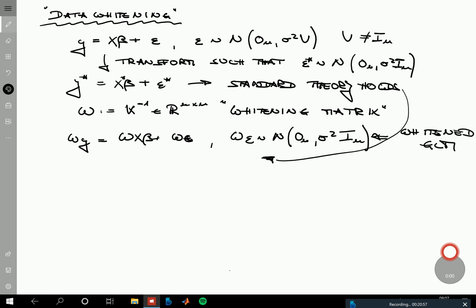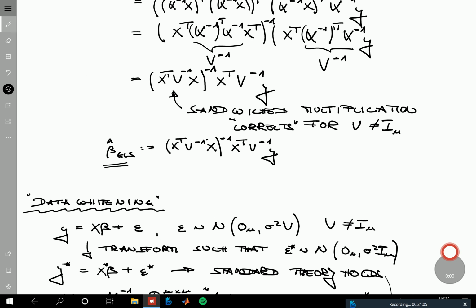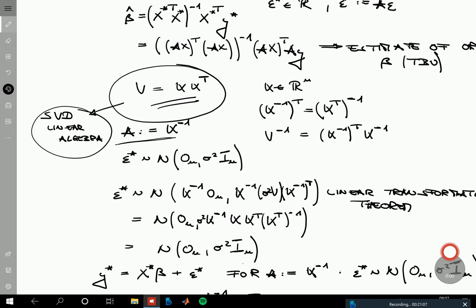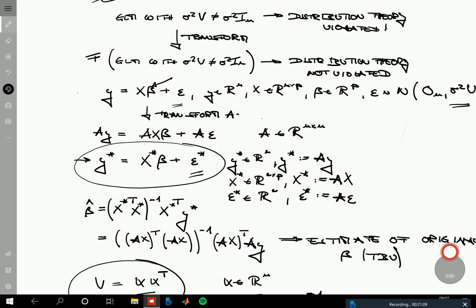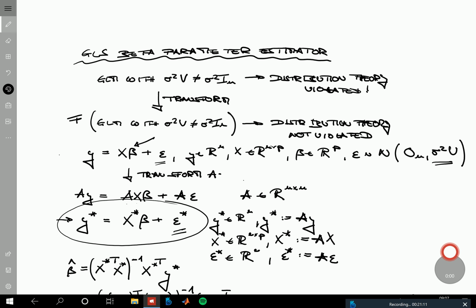Now, that is essentially it. So we discussed data whitening and we discussed the generalized least square estimator. One thing that I haven't emphasized, but which was inherent in the whole thing, is that we actually know V. Yeah?